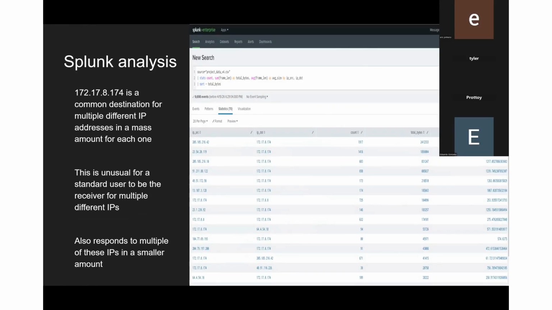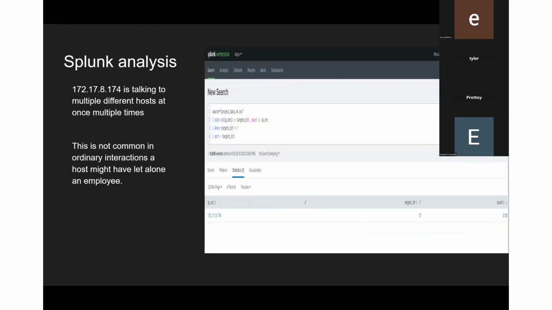The Splunk analysis shows 172.17.8.174 is a common destination for multiple different IP addresses. This is highly unusual for a standard user to receive data from so many external sources. Furthermore, this IP is talking to multiple different hosts at once. Our Splunk stats command proved this is not common in ordinary interactions for an employee.